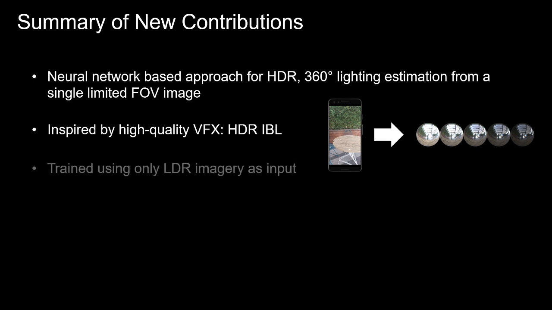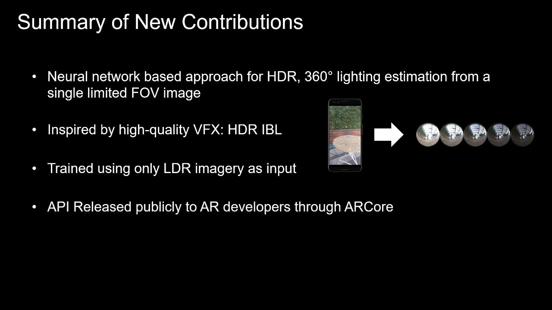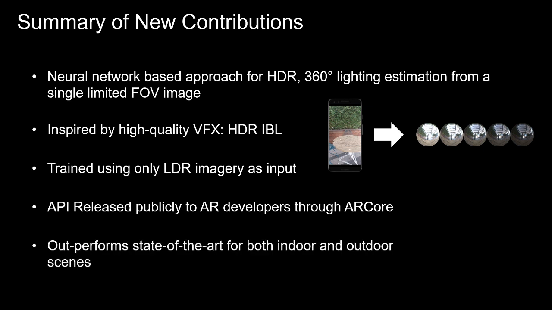Our model is trained using only LDR input imagery, leveraging spheres with different reflectivities, yet it recovers the full dynamic range of lighting. Next, a lighting API built on top of our approach has been released to AR developers in Google's ARCore. Our approach outperformed the state of the art for both indoor and outdoor scenes, despite the fact that the other models were developed to handle only a single class of lighting.